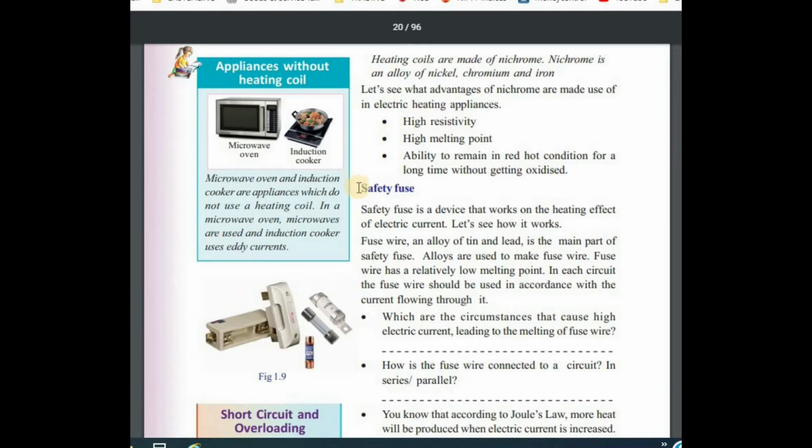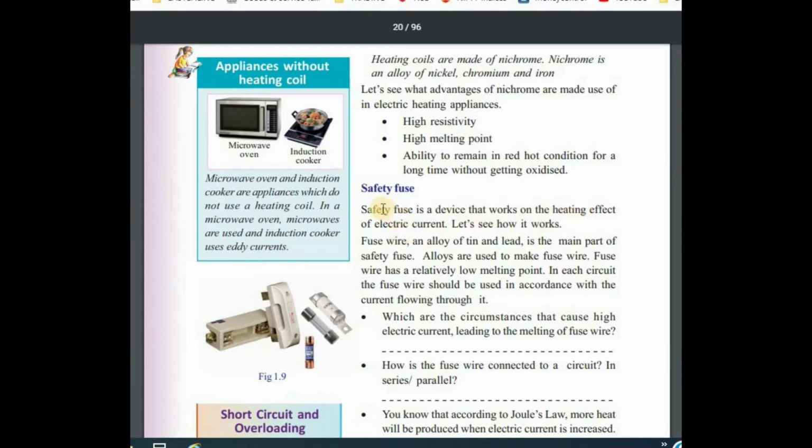Okay, next we are going to discuss another device which is the safety fuse. What do we use safety fuses for? What is the use of a safety fuse? A safety fuse is actually a device that works on the heating effect of electric current.